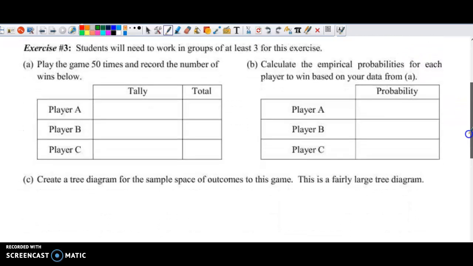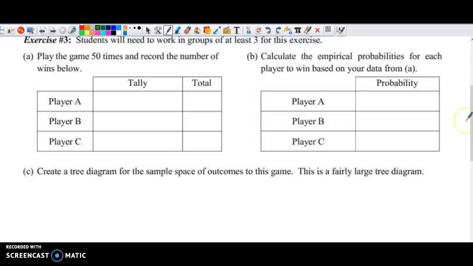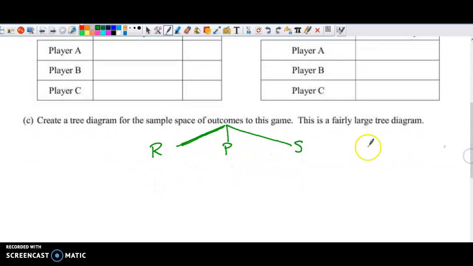So we could do this as a class. But we want to see each situation. So what I'll do is write rock, paper, scissors, R, P, and S, and we can shake it out where that's player 1. Maybe in green is player 1, and maybe in blue I'll do player 2.